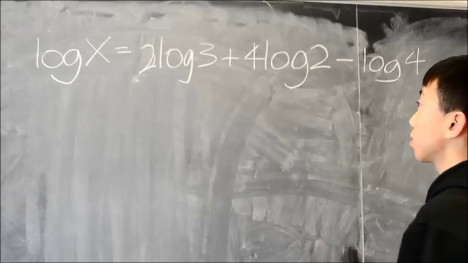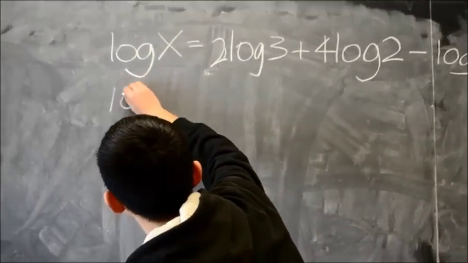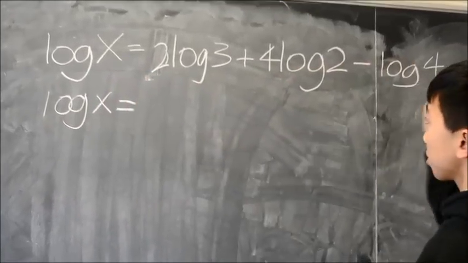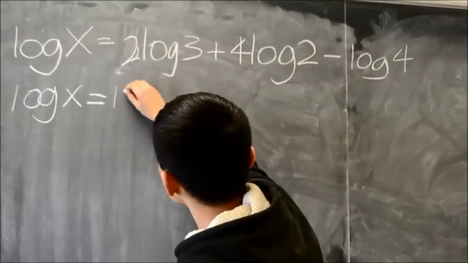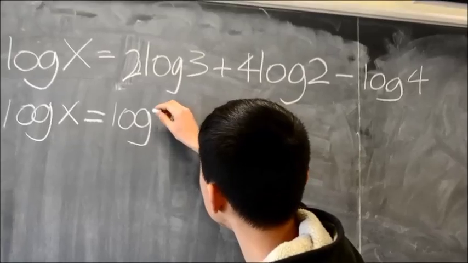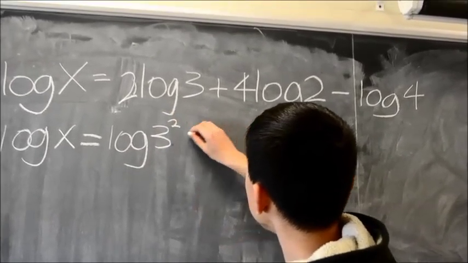Now here is how you solve a log equation. On the left we have log x, so we're going to bring that down to the next line. And then for all of these terms on the right, we're going to take away their coefficient by using the power laws. So therefore, since the coefficient is 2, we know that log 10 to the power to 3 can be written like this as well.